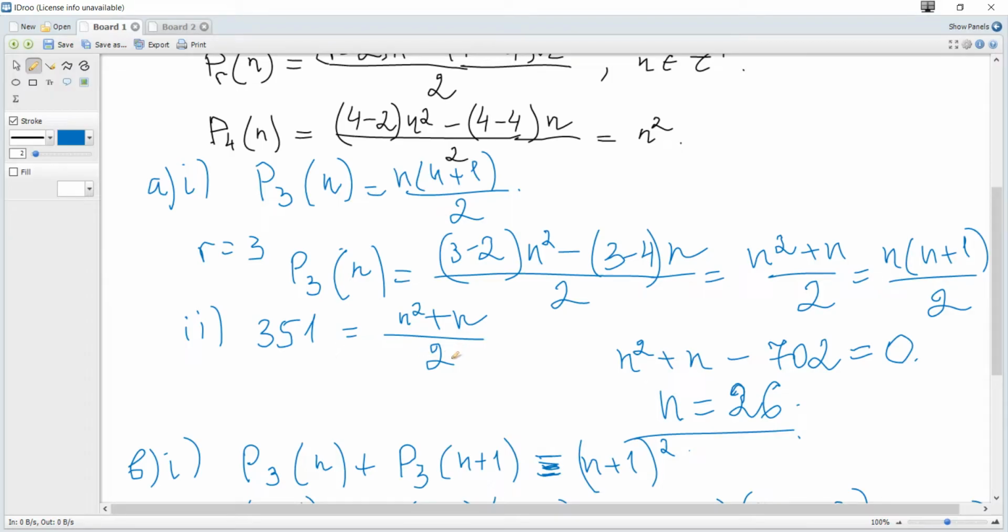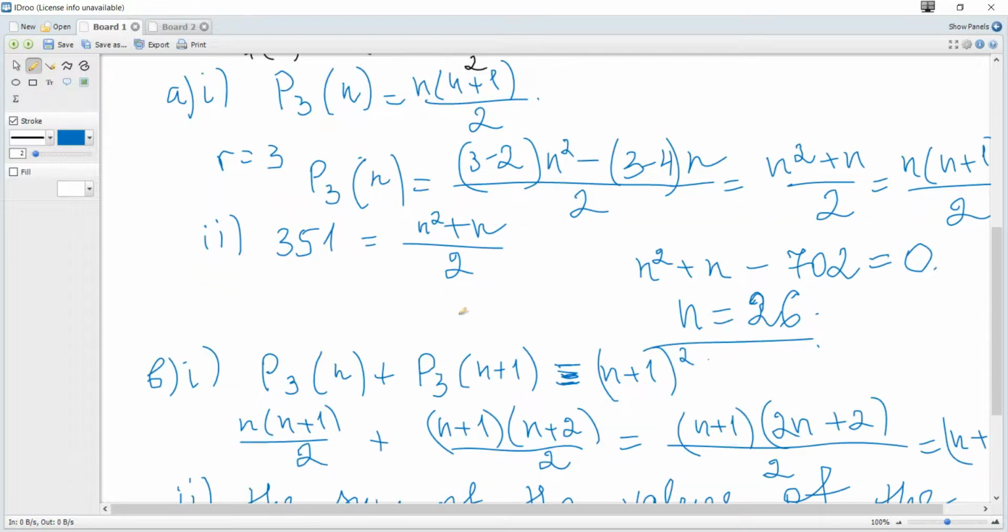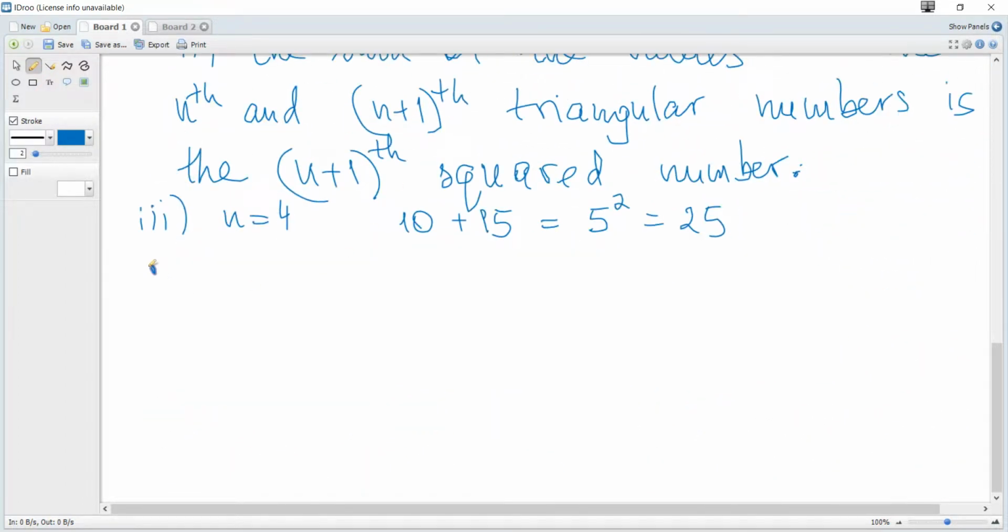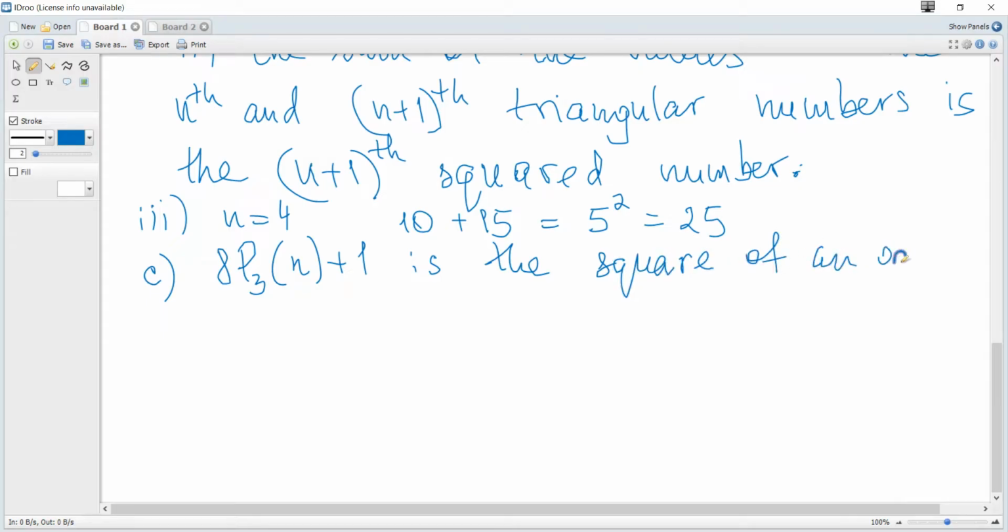The next, C, 3 marks, show that 8 P3 of n plus 1 is the square of an odd number for all n positive integer.